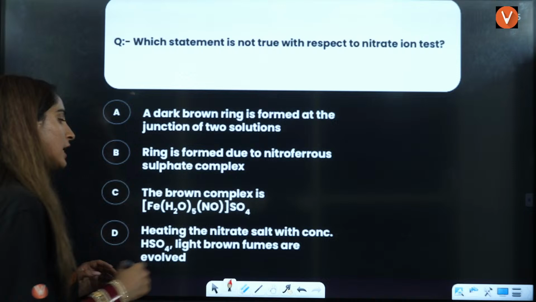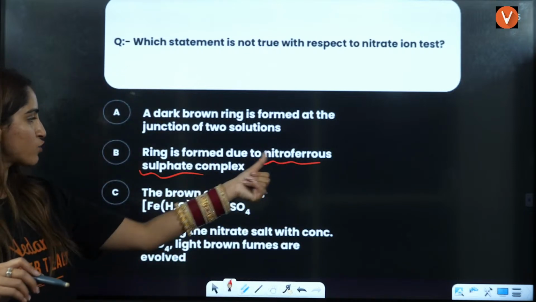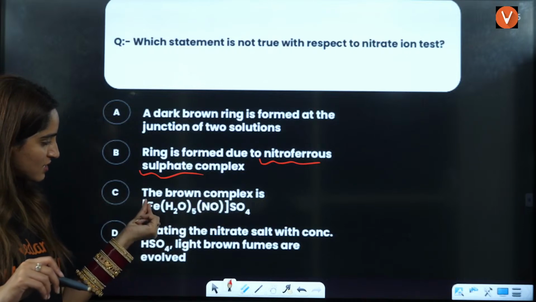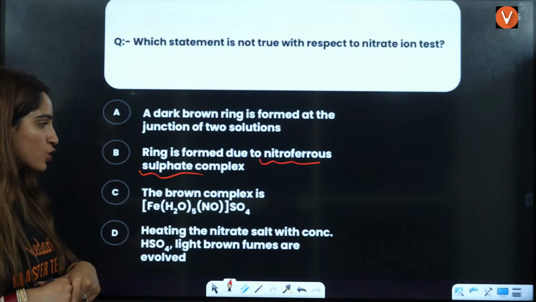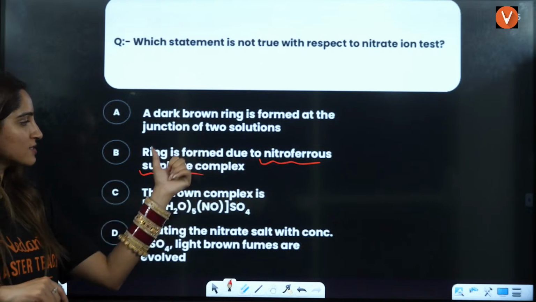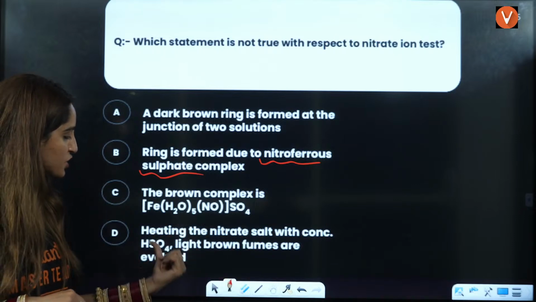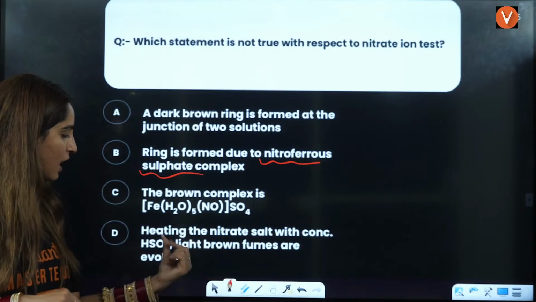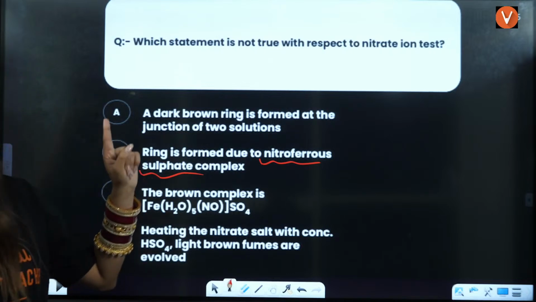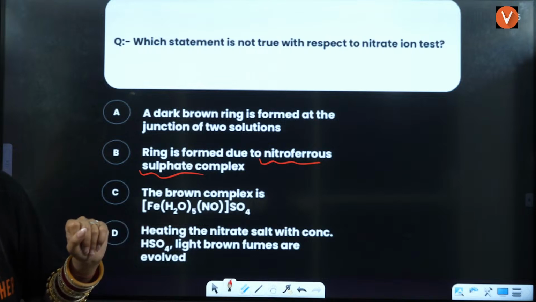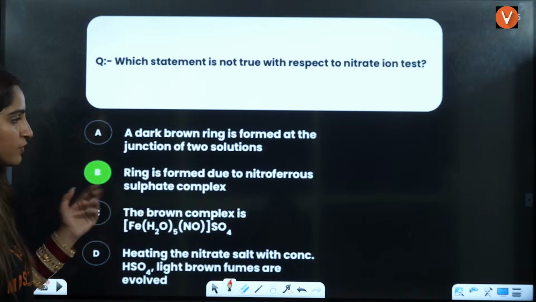What is the name of the complex? The brown complex is nitroferrous sulfate. This is iron, H2O, NO. Heating the nitrate salt with concentrated H2SO4, light brown fumes are evolved. They are asking which of the following is not true here. Yes, students, better tell me which of the following is not true.